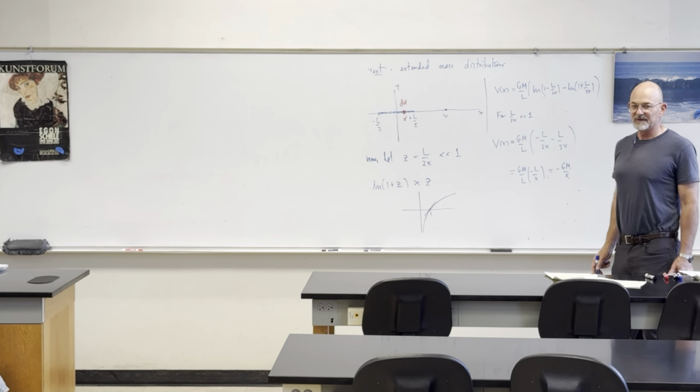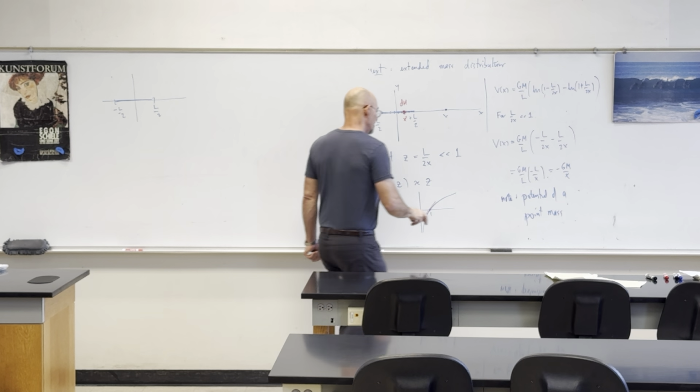Important note: this is the potential of a point mass at the origin. If you're far enough away from this thing, here's our minus L over 2 to L over 2, just a linear mass distribution, so no extension in any other dimension.